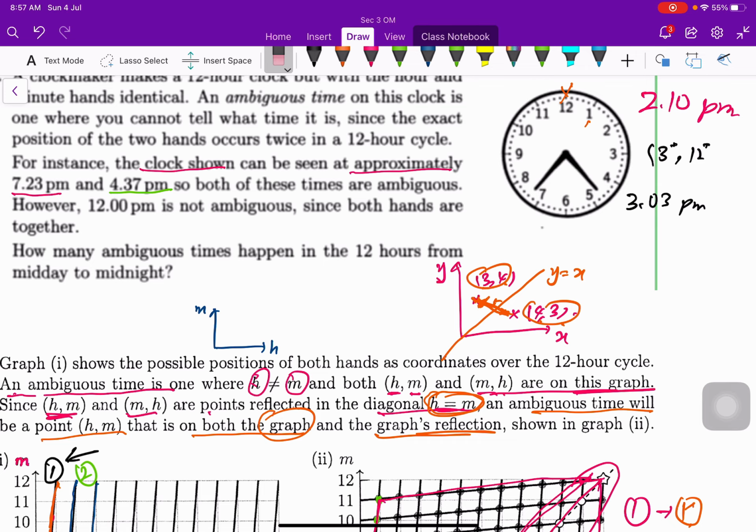Let me clean off. Your clock should be in this manner. This is 2 o'clock. Let's say this is the hour hand, shorter, but in a normally functioning clock, your minute hand will be slightly out, right? To indicate that it's actually 2:10.